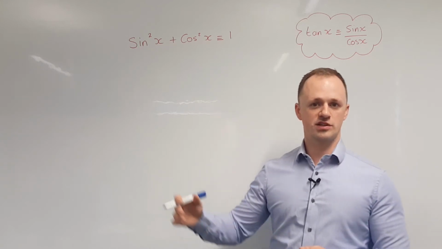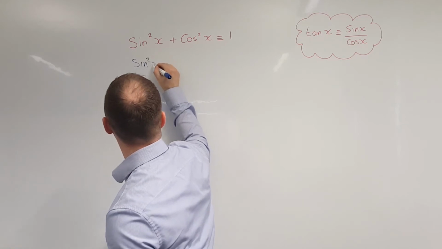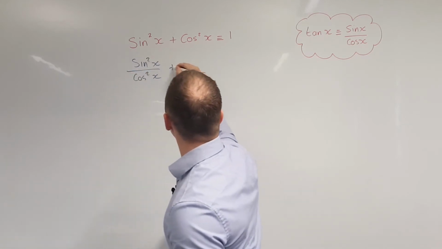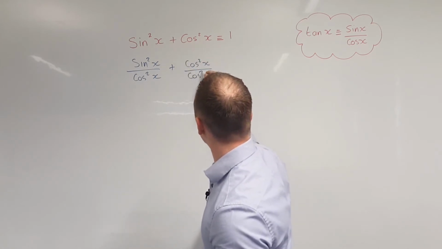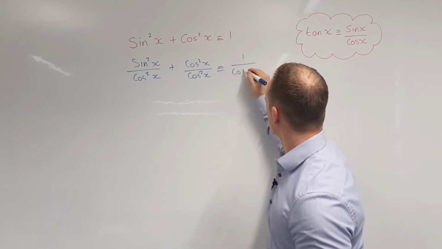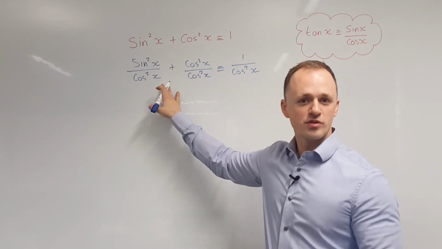Welcome back if you've had a go at it for yourself. So let's divide both sides by cos squared. That's going to give us sine squared x over cos squared x plus cos squared x over cos squared x equals 1 over cos squared x. So sine over cos can be written as tan.